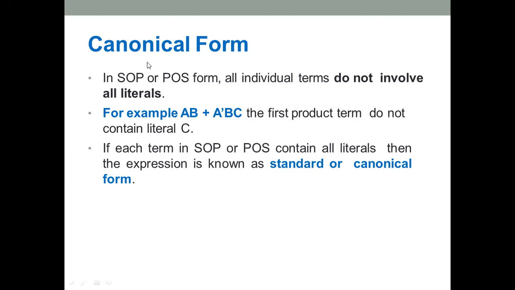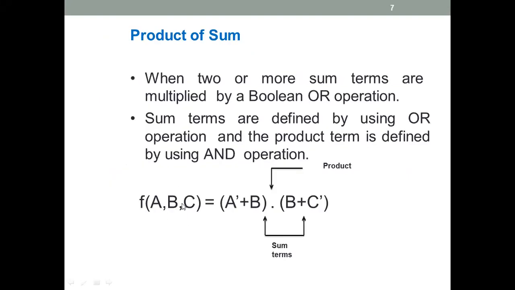So let me move backward. This is ABC. These are the literals, A, B, C. We have AB, but here C is missing, and BC, where A is missing. So will this be considered a canonical or standard form? No, this will not be considered a standard form. This is just an example.